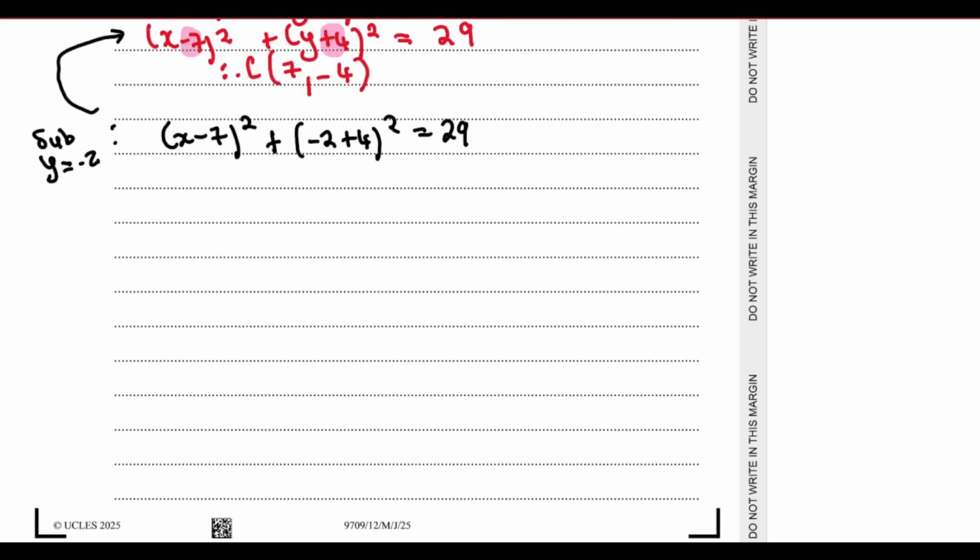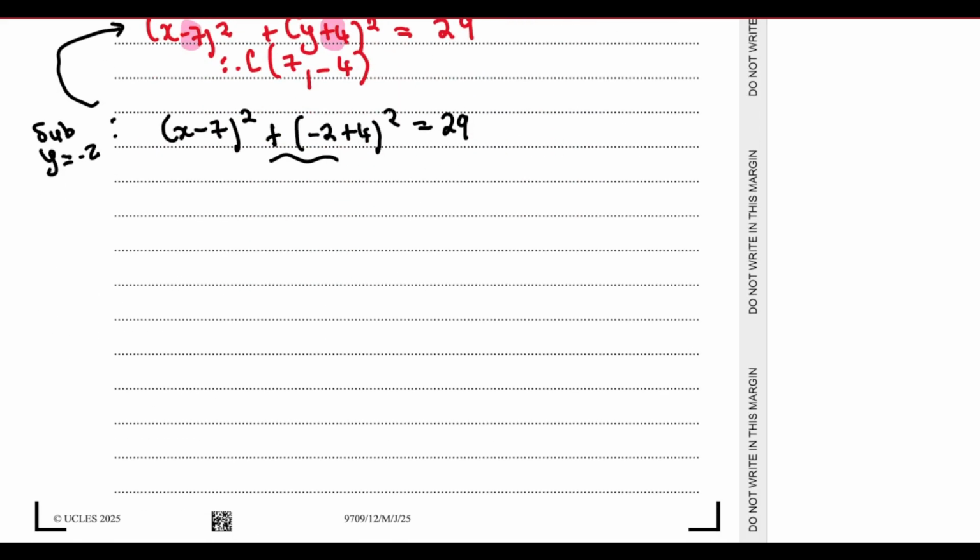Now that bracket over there is simply a number. That's 4, minus 2 squared, just 4. And now we get a bit lucky because 29 minus 4 is 25.